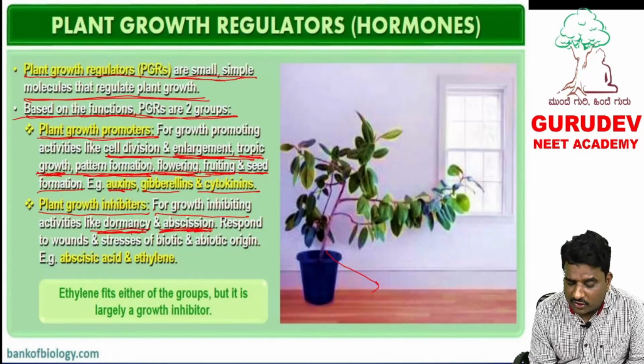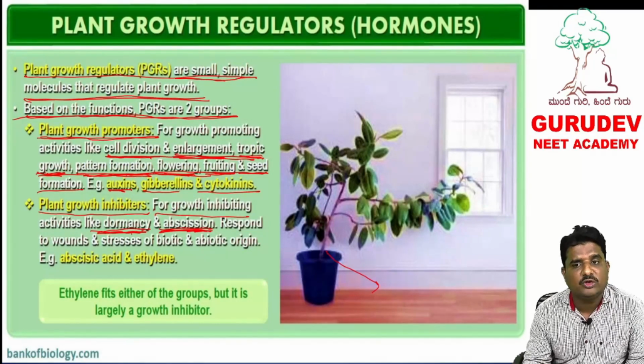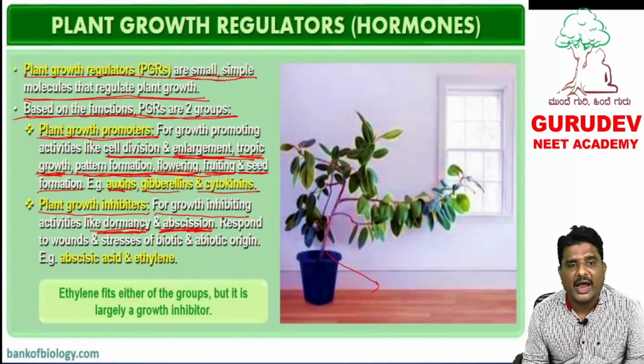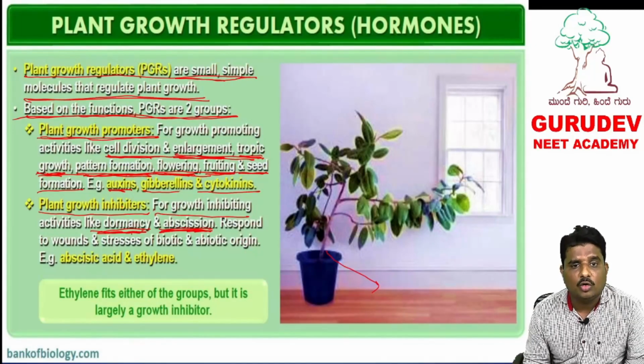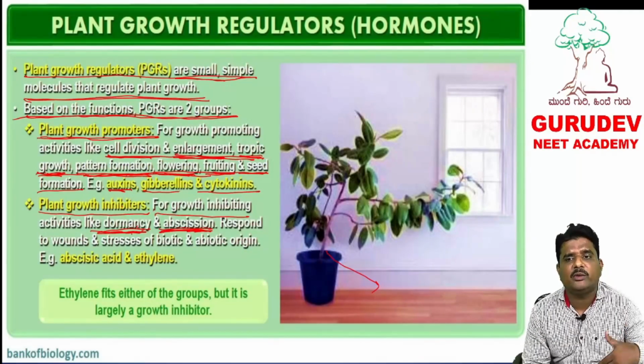Leaves falling, flowers falling, fruit falling means abscission. Leaf falling process, fruit falling process, seed falling process. So falling processes are called the abscission process. Those are called growth inhibitors. Growth inhibiting processes: seed never germinates means seed never forms a plant.